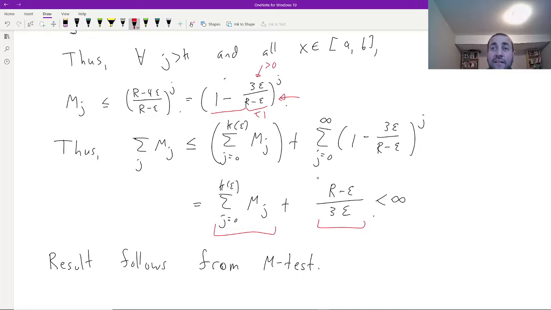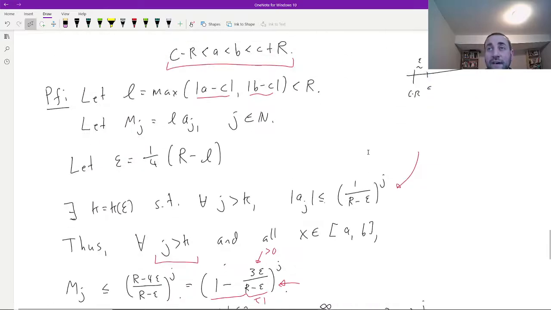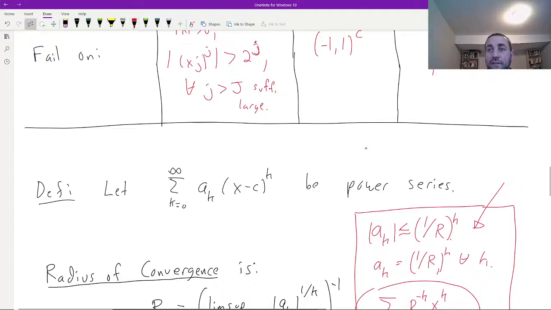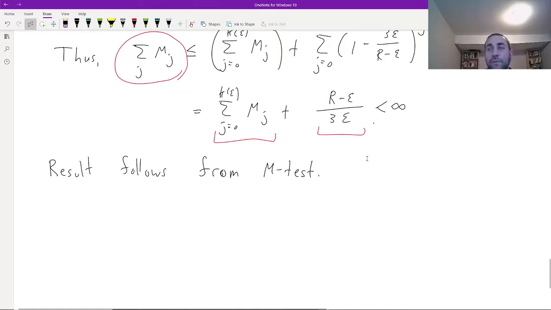I've checked that these terms here in fact converge. And I've checked that at least for all j sufficiently large, larger than some fixed constant k, these M_j's are in fact an upper bound on the individual terms of the sequence. And so applying the Weierstrass M-test, I've checked that in fact we get uniform convergence of the power series to the function f.